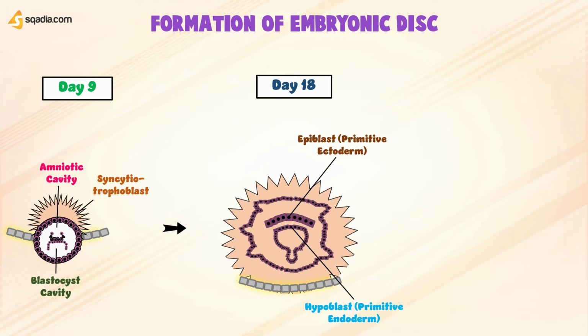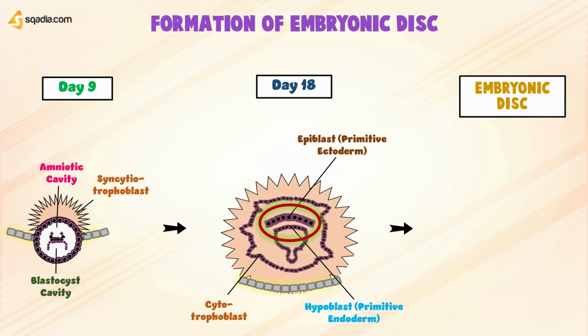Good question. Epiblast is called primitive ectoderm because it is going to be ectoderm in future. And hypoblast is called primitive endoderm because it is going to be endoderm in future. From the epiblast and hypoblast, the double-layered disc, called the embryonic disc, will develop.